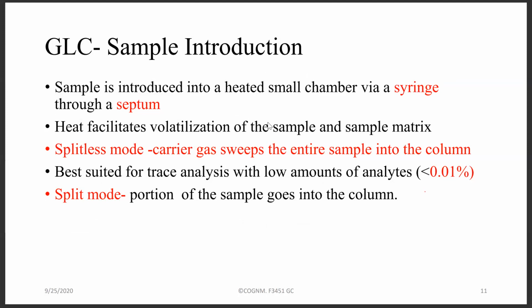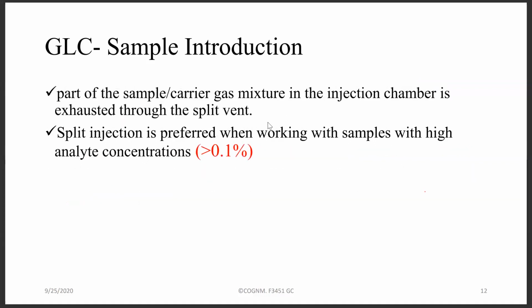We can either use the splitless mode, where the carrier gas sweeps the entire sample into the column, or the split mode, where only a portion of the sample goes into the column. So we split it into different portions, or with splitless, everything goes in.